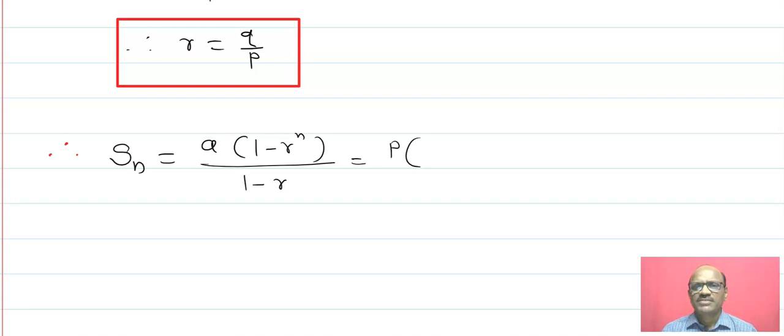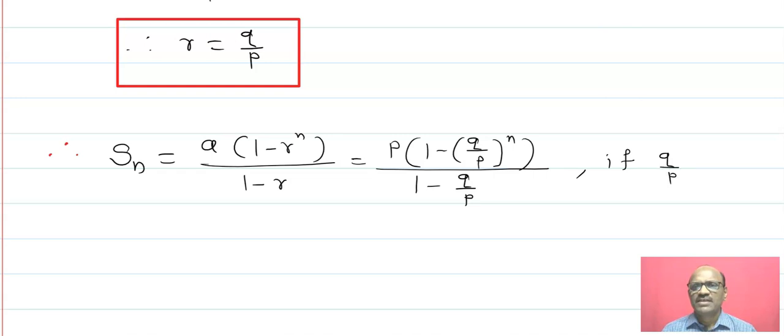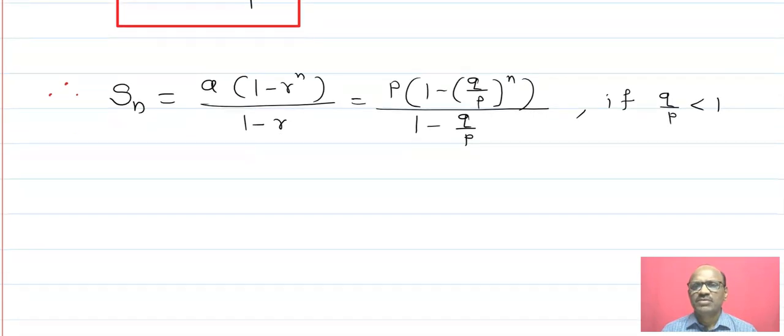The value of a is p, 1 minus the value of r is q upon p bracket raised to n upon 1 minus q upon p. Now simplify this. If q upon p is less than 1, now in this case simplify this.